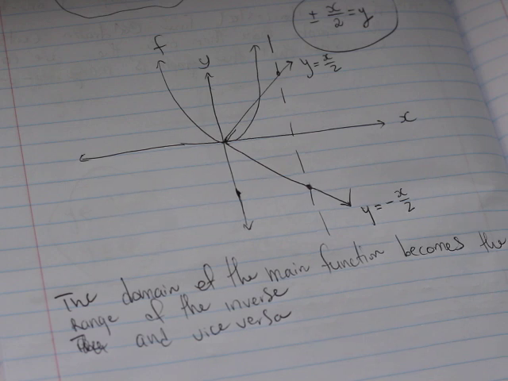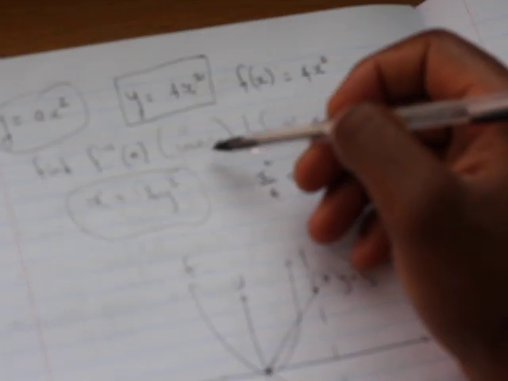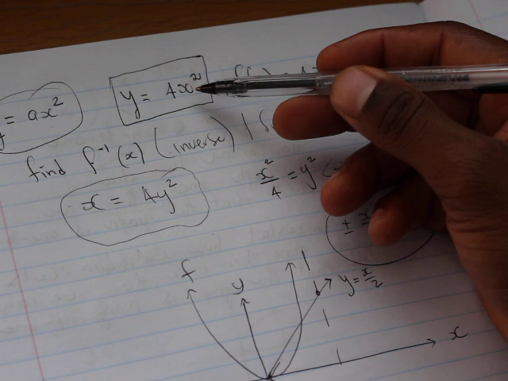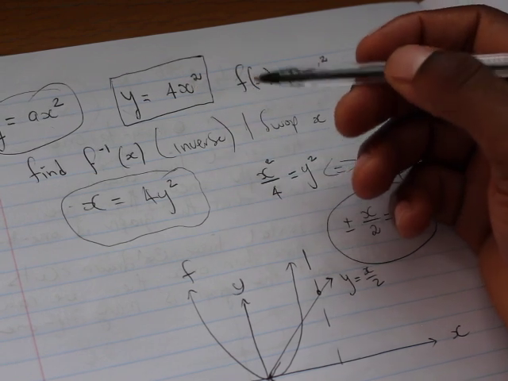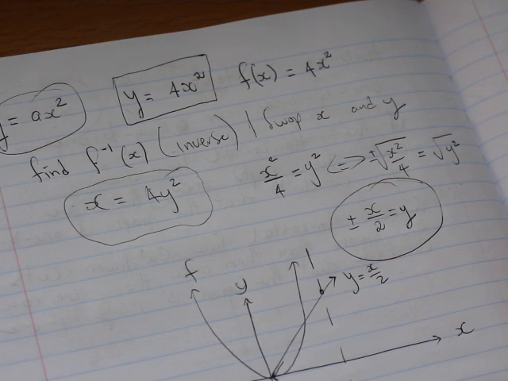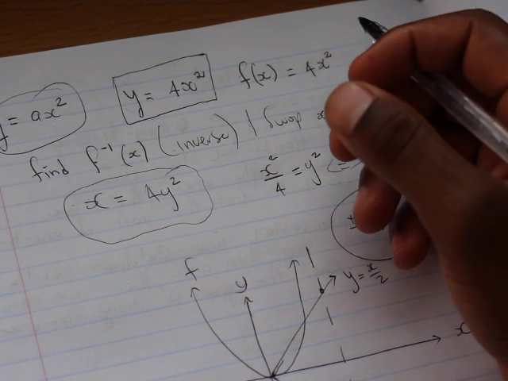Are you guys with me? The domain of the main function, which is this one, we all know the domain for this function is x element of real numbers. But with the inverse, y element of real numbers is going to be the range. In other words, we're just copying the domain, but changing the variable.